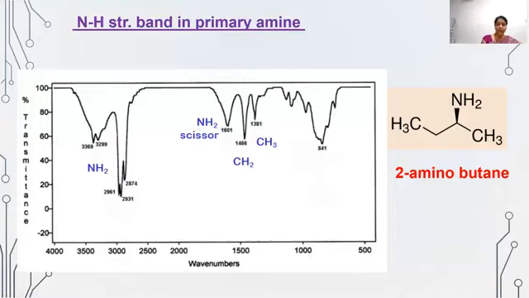The NH2 primary amine group shows two peaks near about 3300 centimeter inverse. These are the two NH bands, one at 3369 centimeter inverse and another at 3299 centimeter inverse. This is because of NH stretching vibration, and at 1600 this peak is because of NH bending vibration.